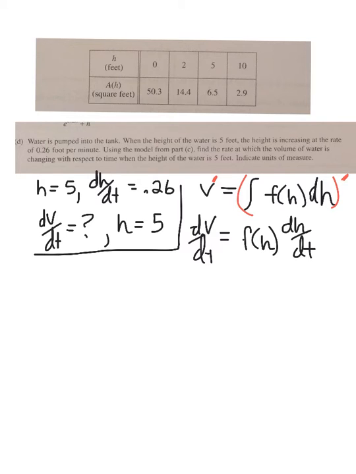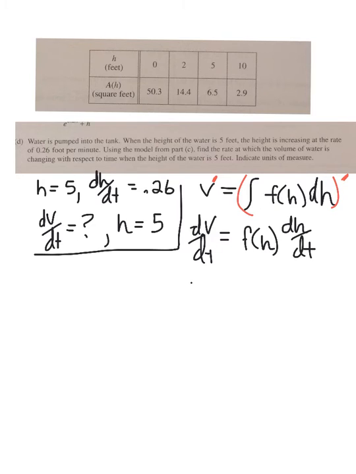Okay, now this whole scenario here is at time 5, don't you agree? Time 5, time 5. So I want dv dt at time 5, f of h at time 5, and dh dt at time 5.